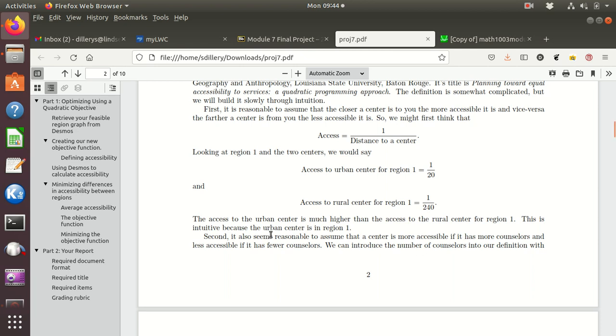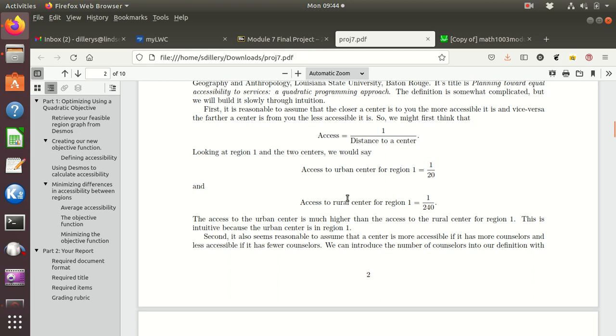The more counselors you have on hand, the easier it will be to make an appointment or to get in during an emergency or something like that. And so that is a direct proportionality.